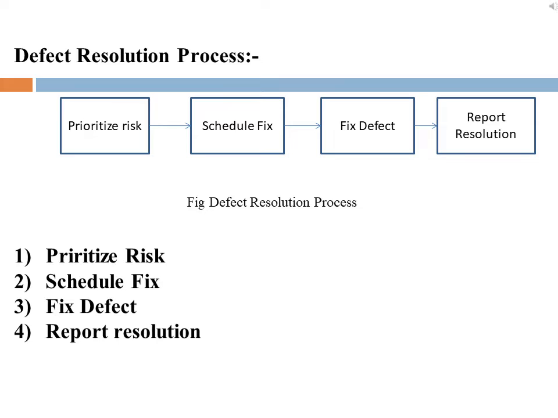So, prioritize risk. The purpose of this step is to answer the following questions and initiate any immediate action that might be required. First, is this a previously reported defect or is it new?